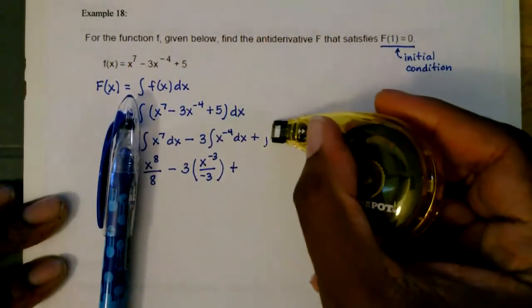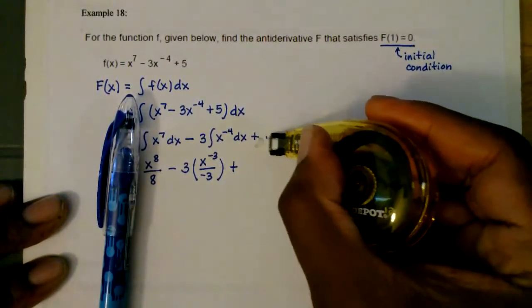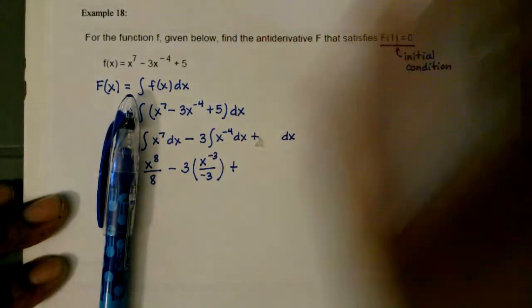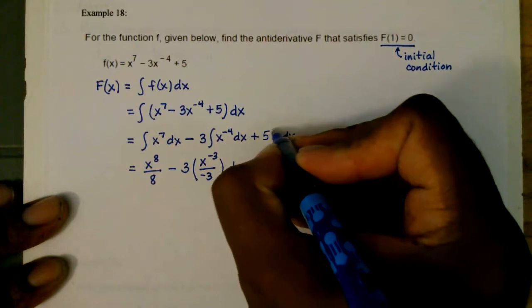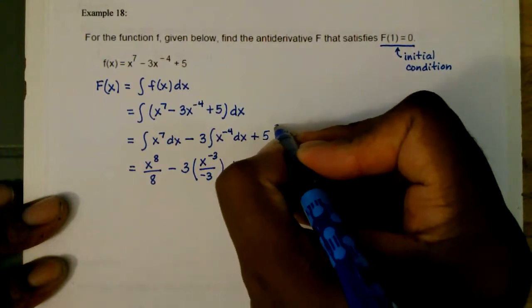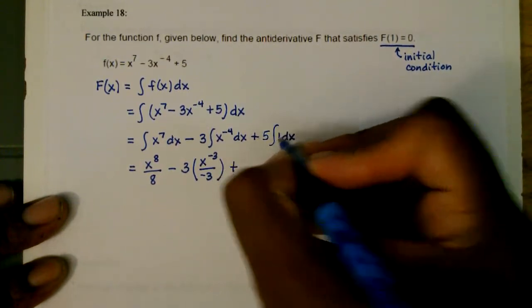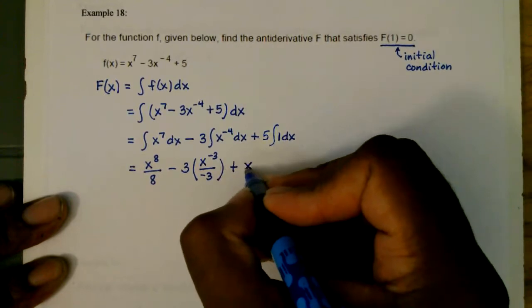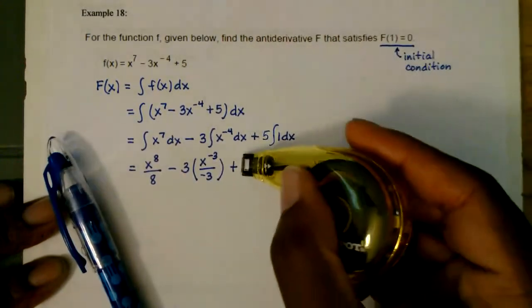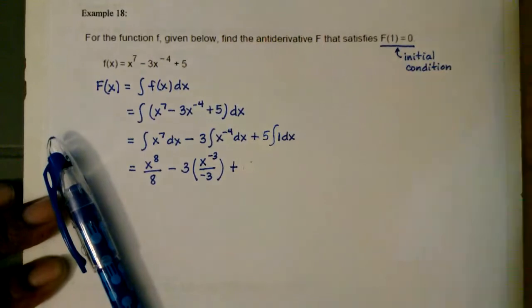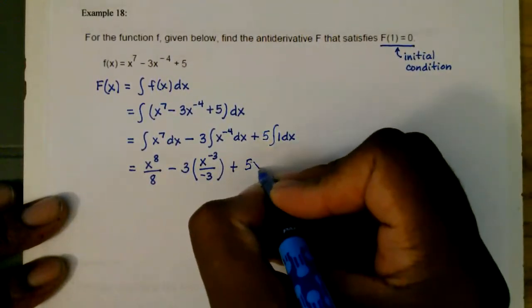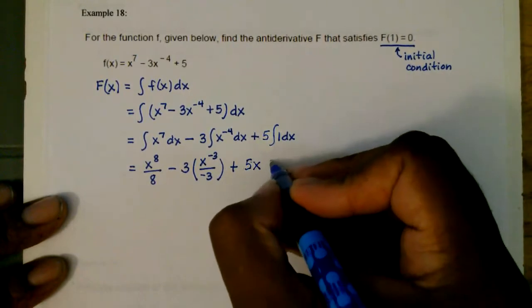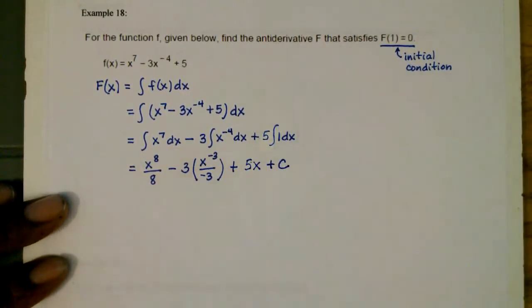Here we go again. Five goes in front times the integral of 1 dx, which will end up being 5x. Because you got the 5, the integral of 1 dx will just be x. And then, of course, plus c.